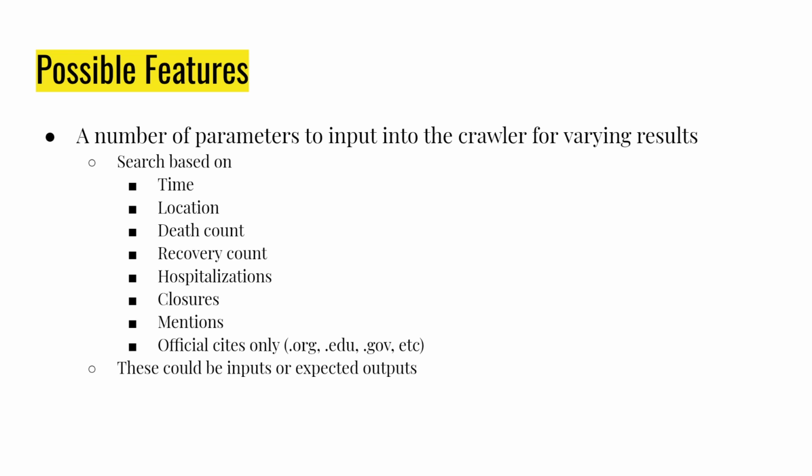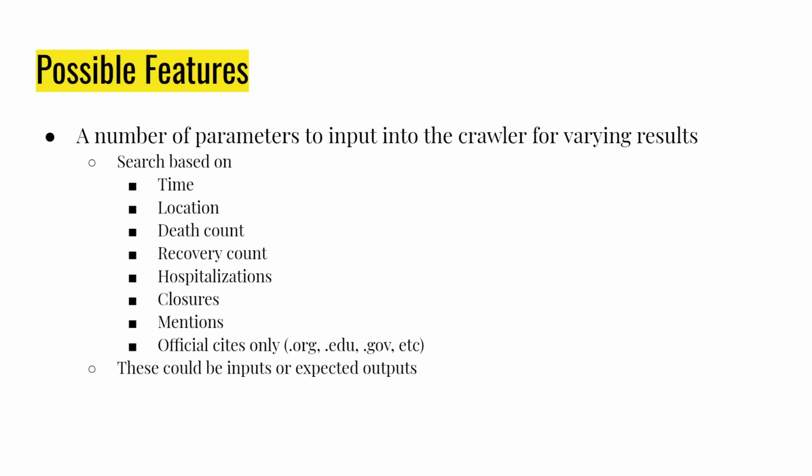And then obviously just mentions of the word and other things like that. You could scrape social media resources and find stuff like that. And then on the other end of the spectrum, away from social media resources, you could filter the data based on official sites only to increase reliability.